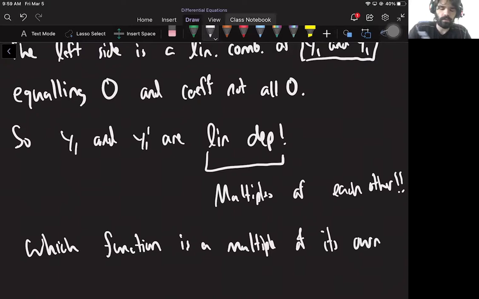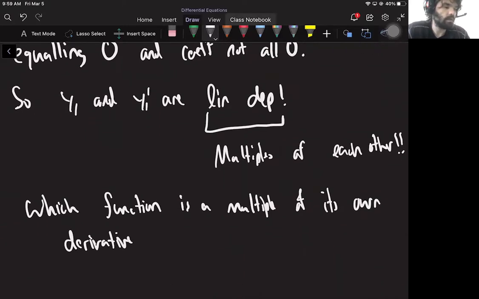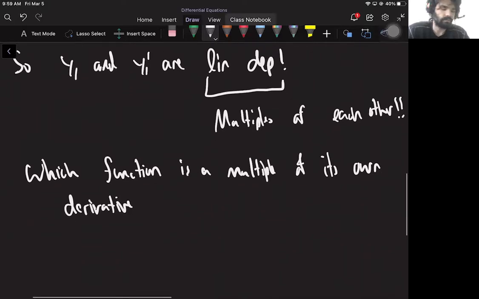It's definitely not going to be something like x cubed or x to the fifth, because whenever you take the derivative of those, you get a new function type that's not dependent on the previous one, because the power changes. So what we're looking for here is that y1 of x has got to be an exponential function.